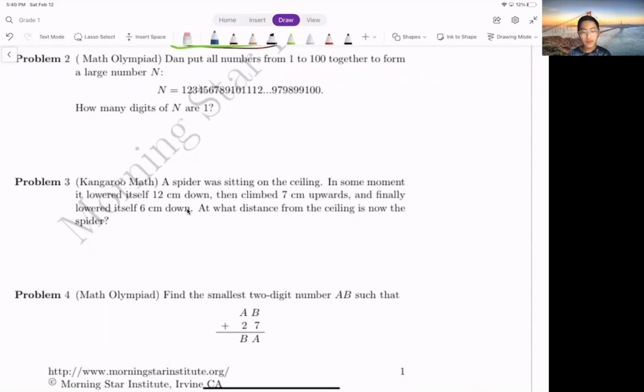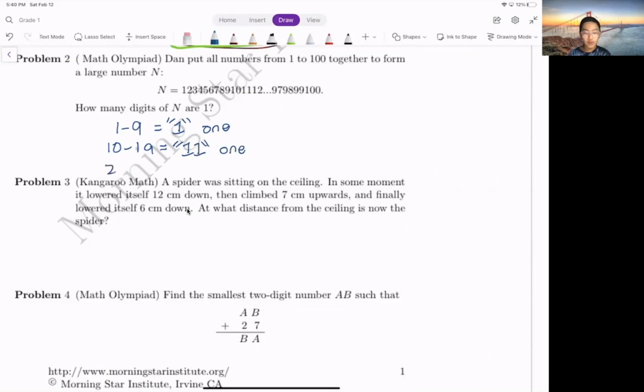So let's start off from 1 to 9 first. We get that there is just one 1, and that is the number 1. Then we move on to a larger gap, 10 to 19. This time it gives us a whole 11 ones. Don't forget that the number 11 has two 1s.